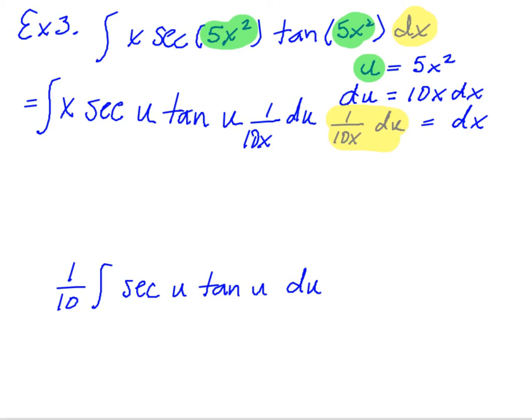If you've done it correctly at this point, your x's should reduce so that everything that's left only has a u in it. Those x's are gone, I've got a secant u, a tangent of u, and du, that's great. And then this 1/10 is the constant multiple that just gets pulled out to the front.